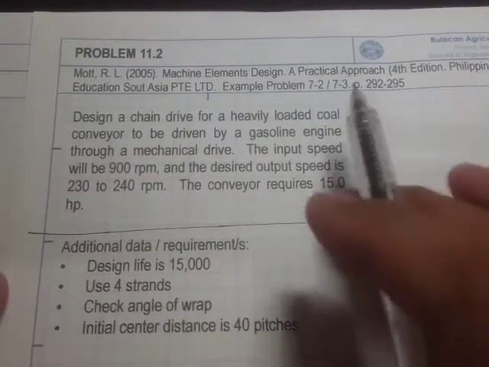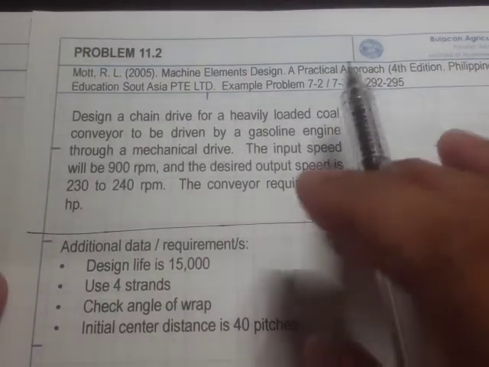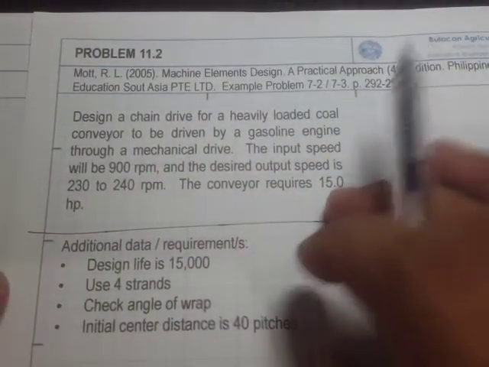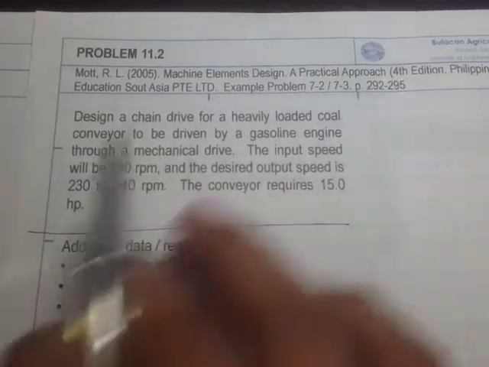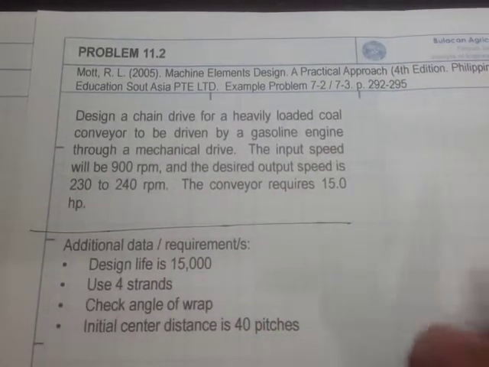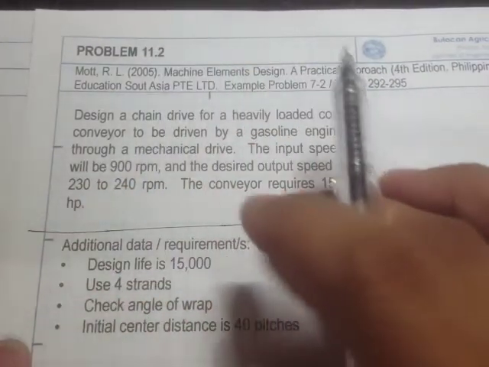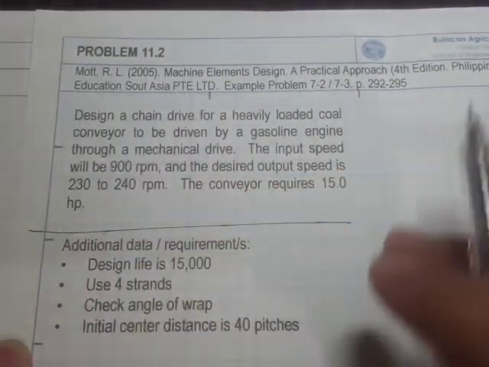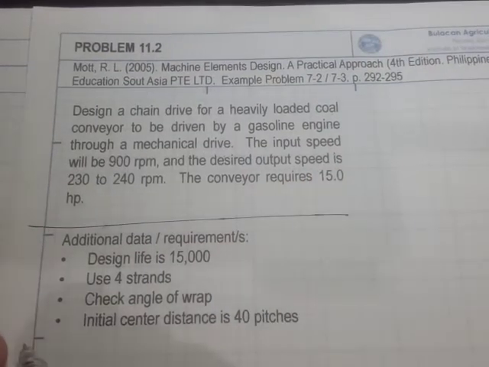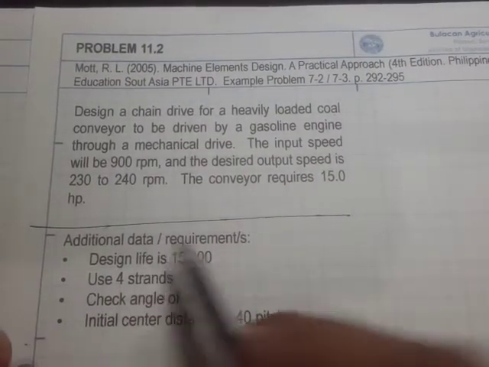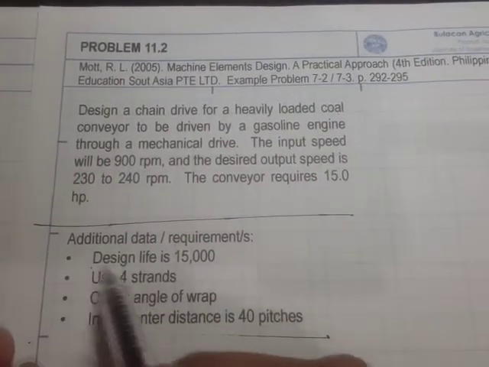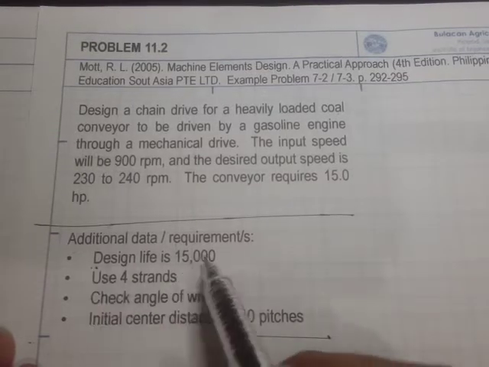I just included this additional data or requirements because in the solution they actually use this. So I think it's also helpful if we just state it here as well. For the additional data, we'll just use a design life of 15,000.